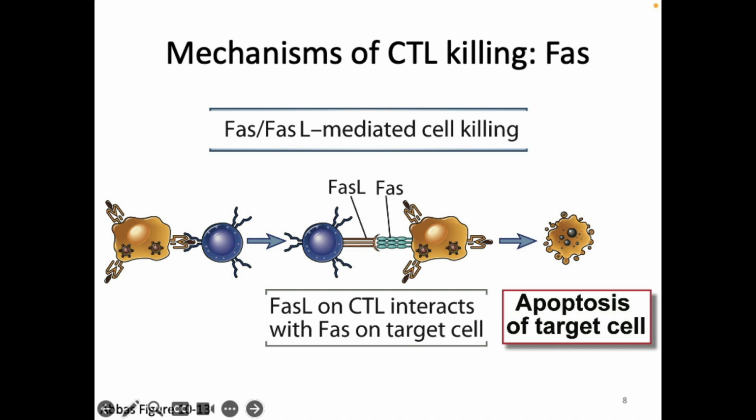Which can interact with a protein called Fas. Probably not a shocker that the thing that interacts with Fas ligand is Fas. And that's on the target cell. So if the target cell has Fas, we can have Fas ligand on the CTL induce apoptosis in that target cell. So basically, the CTL can specifically kill that target cell that has Fas on it.